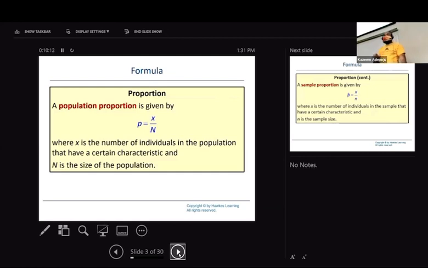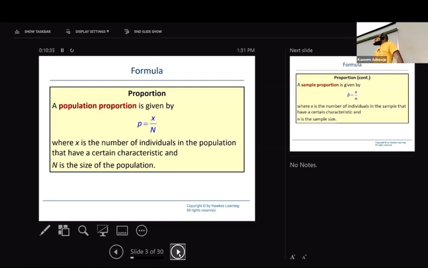I want us to apply this to real life practical situations. For instance, I want to know the number of people with a certain trait. That means I'm not interested in the entire population.